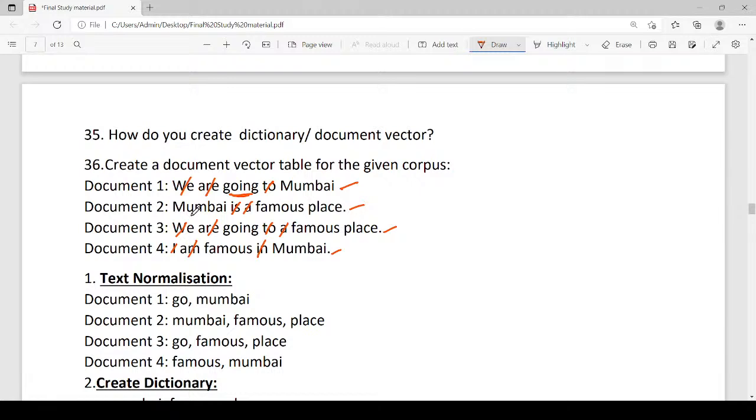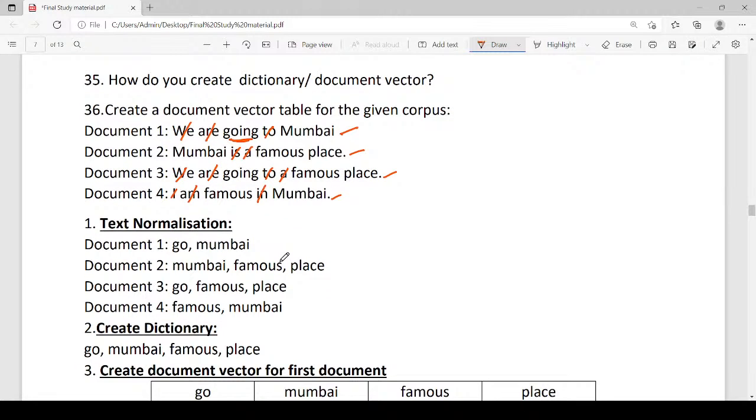In the second document, it is going to be Mumbai, famous and place. In the third document, it would be go, famous and place. In the last one, it is going to be famous and Mumbai. Got it? Now, let us find the dictionary of unique words. The unique words are the words that are appearing, and you're going to take only one occurrence of each.